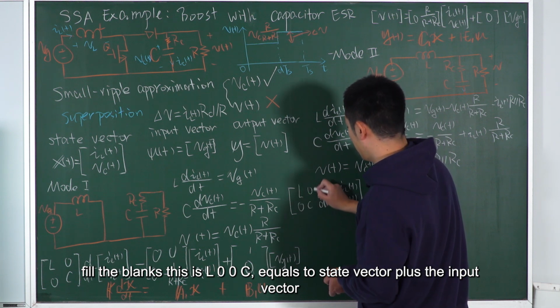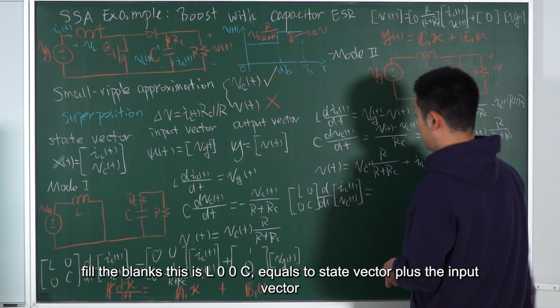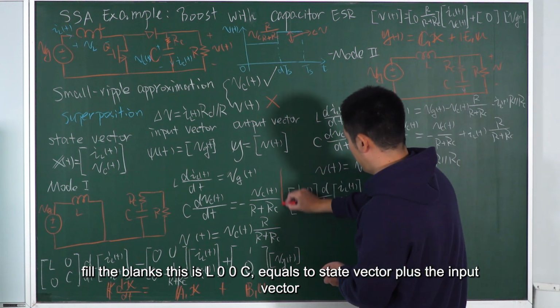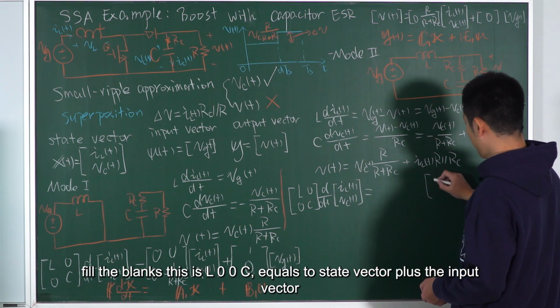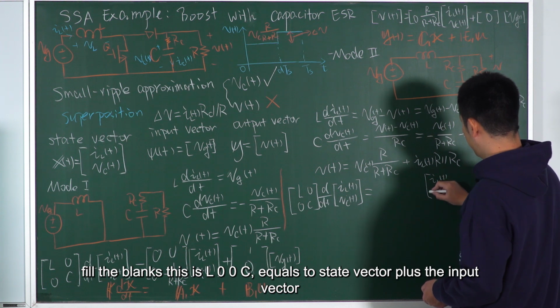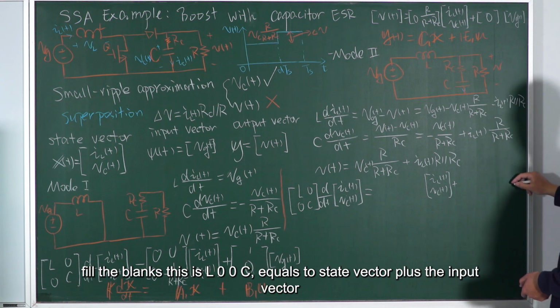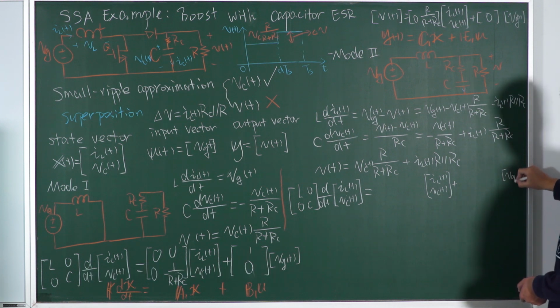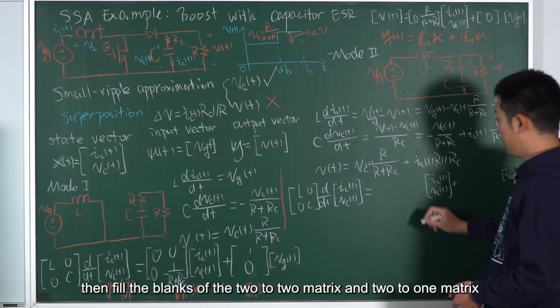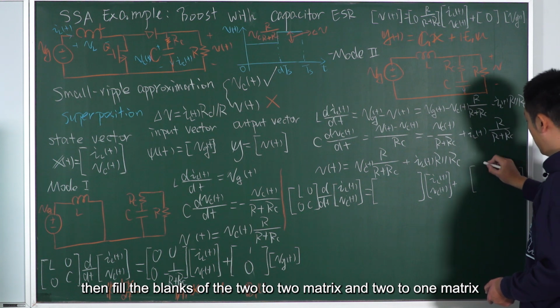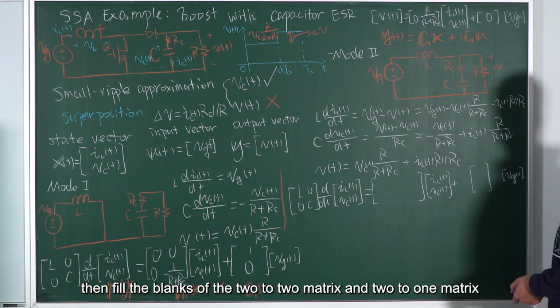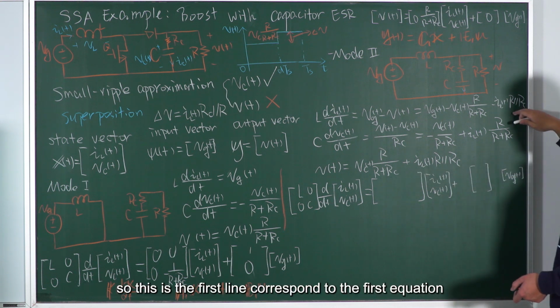L, 0, 0, C, equals the state vector part plus the input vector part. Then fill the blanks for the 2 by 2 matrix and the 2 by 1 matrix. So the first line corresponds to the first equation.